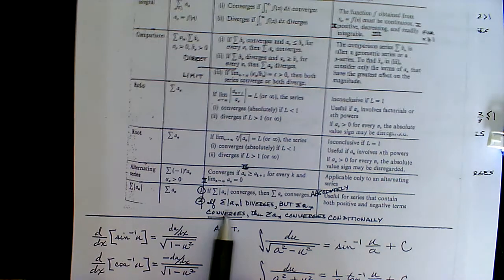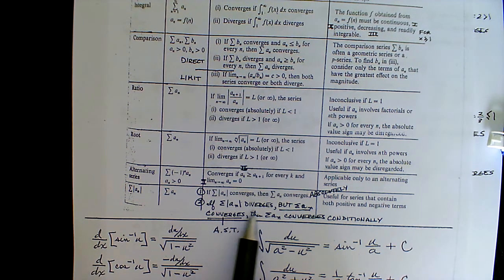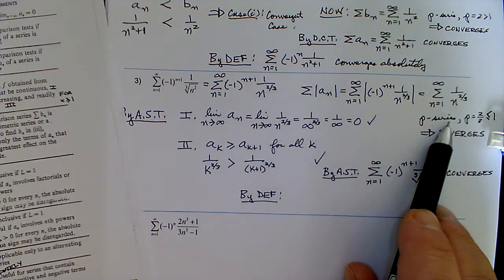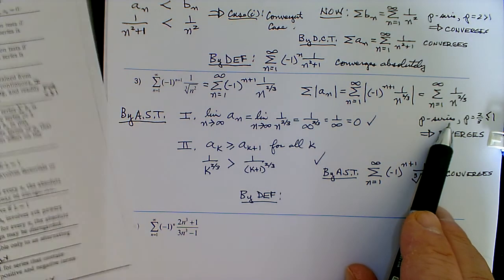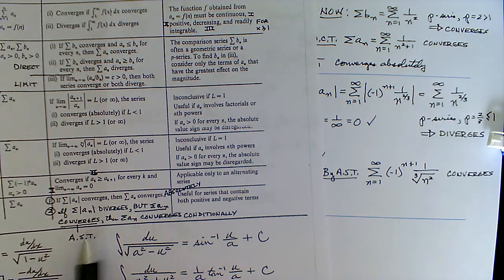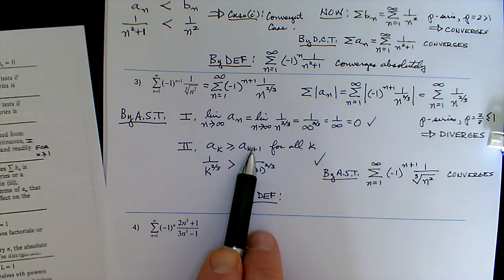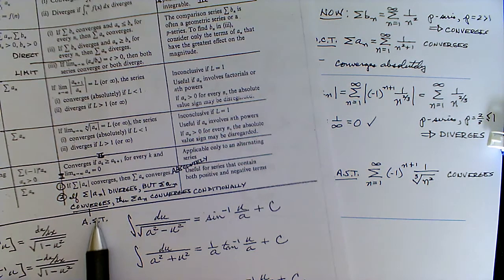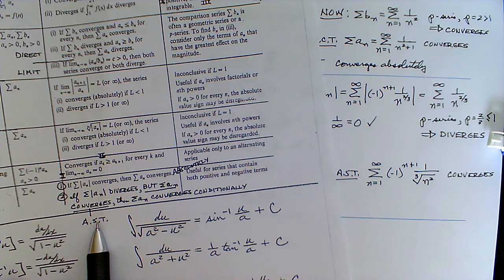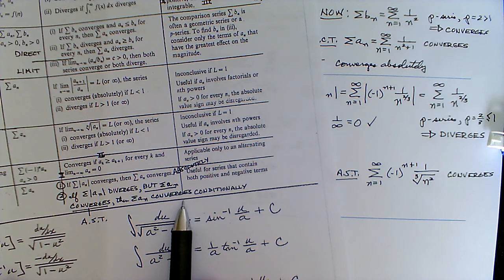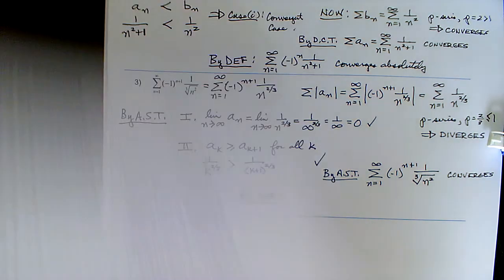By definition, remember, we had this definition: if the sum of the absolute value diverged, which it did, that's what happened here, but the sum of the a sub n converges, and it did, and that was by the alternating series test, so we noted that as well, then we can say that the series converges conditionally.